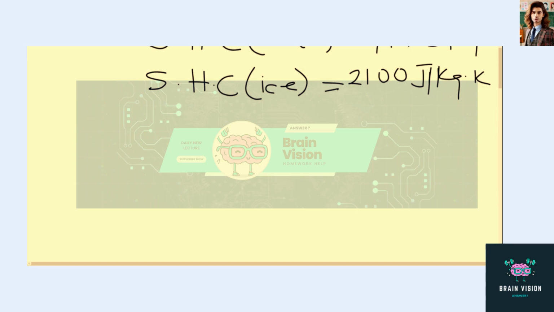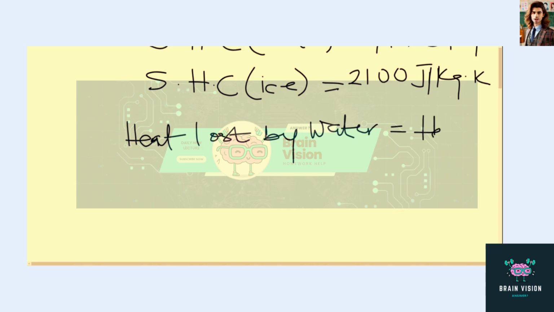Now, in this mixture, water loses heat to ice. We are told that no heat is lost to the environment, so whatever heat exchange there is happens between water and ice. These are the only two components transferring and receiving energy.